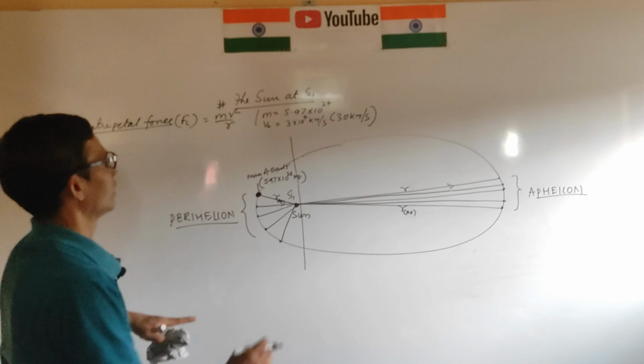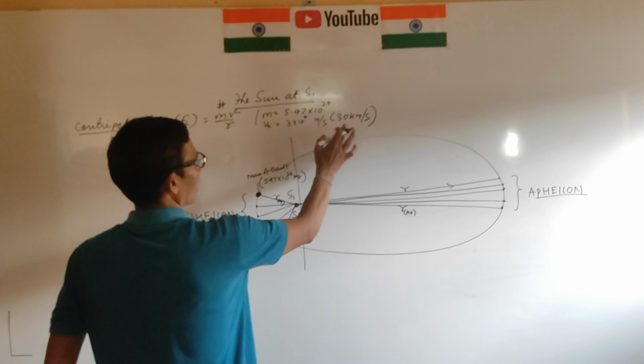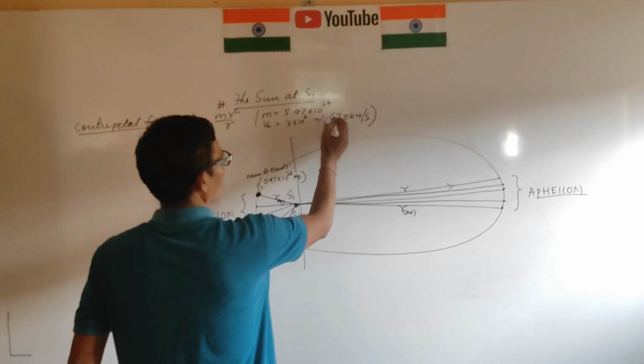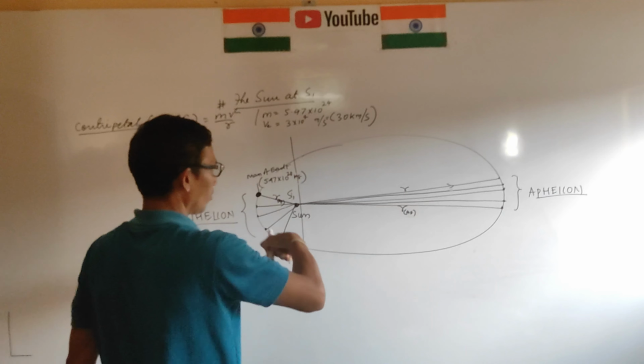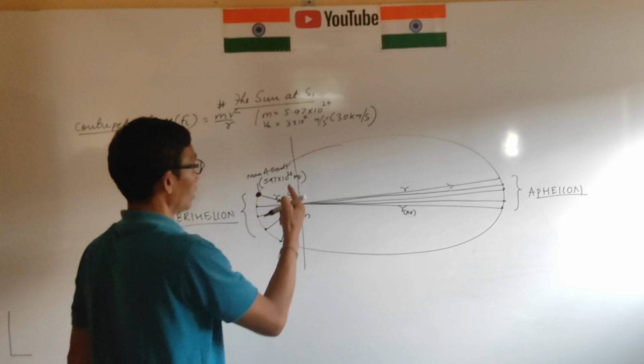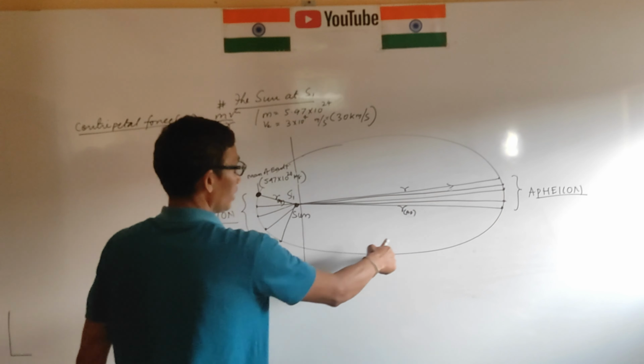So you can say 30 kilometer per second, just correct this one: 30 kilometer per second moving around the sun. It is a very high speed within the elliptical path.